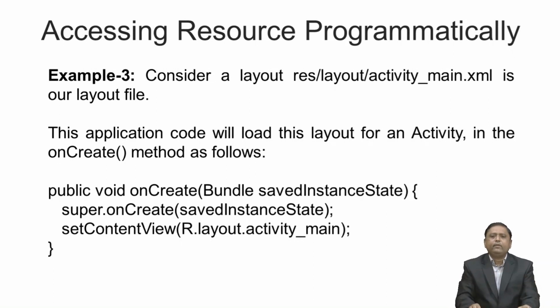So, just write activity_main, and when you write R.layout, it will automatically show you the list of all available layout files. So, there is no chance of mistake while writing code. So, this is how we can access a layout programmatically, right, and we have already used this code many times before.